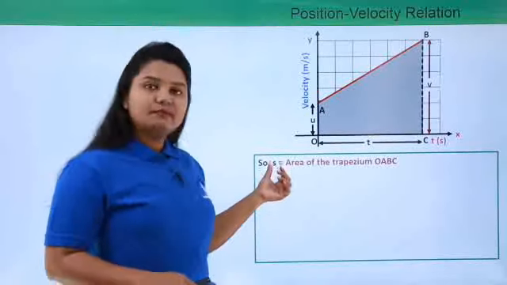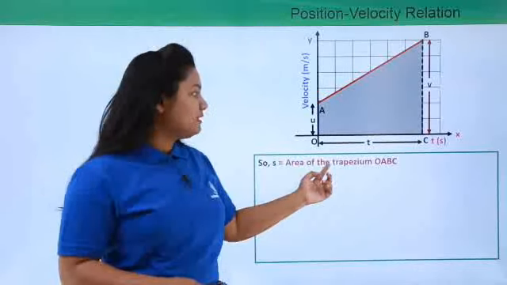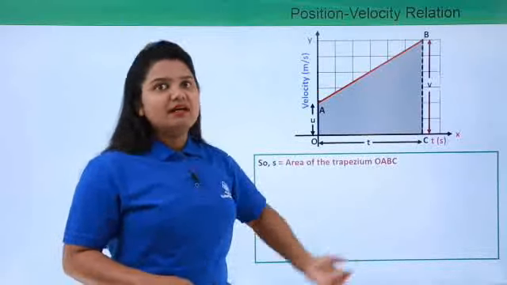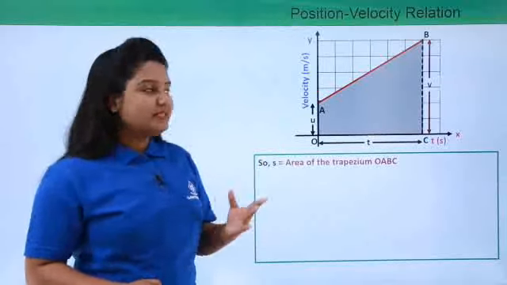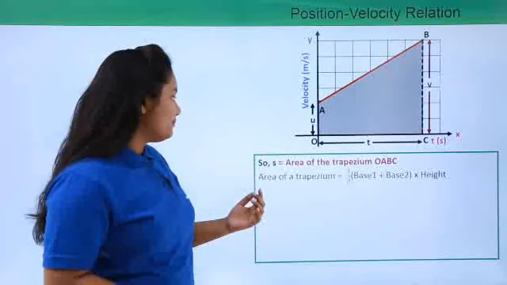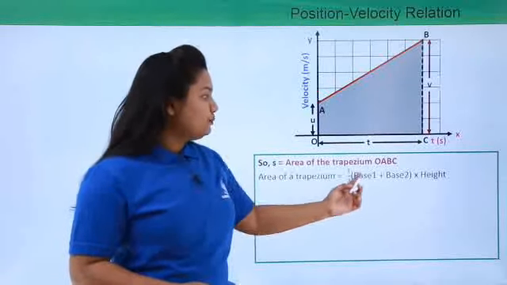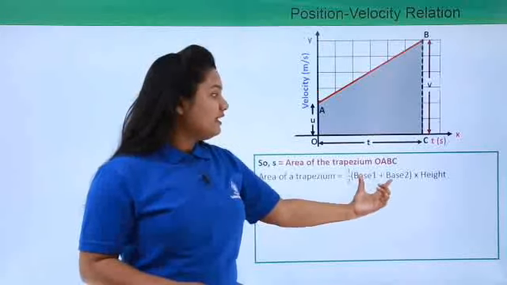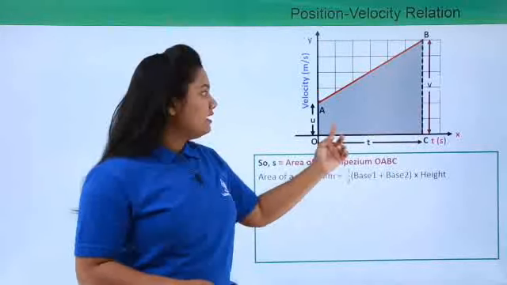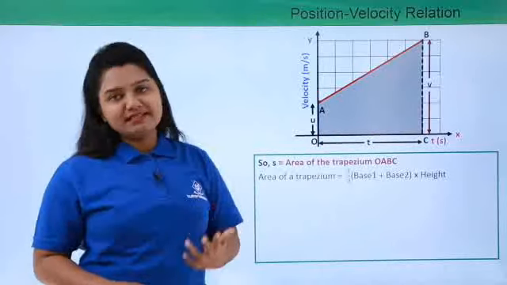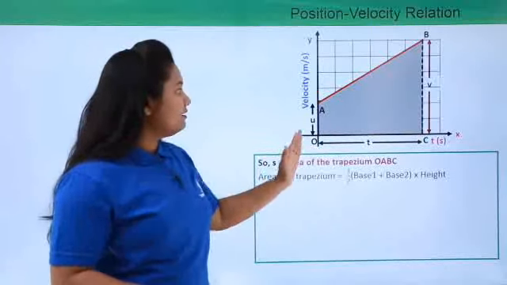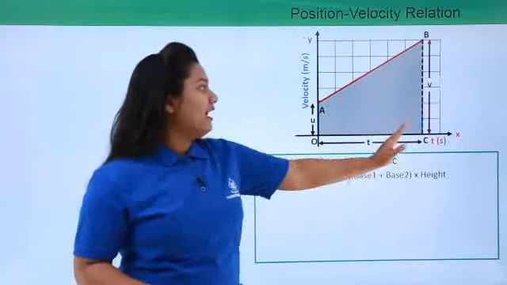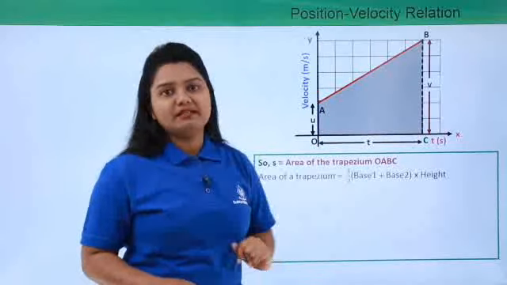So, S, that is the displacement, is given by the area of the trapezium OABC. Now we know that the area of a trapezium is half into base 1 plus base 2 into height, where we generally take base 1 and base 2 as the two parallel sides of the trapezium. Here the two parallel sides are OA and BC respectively.